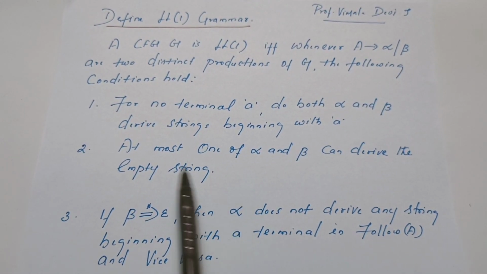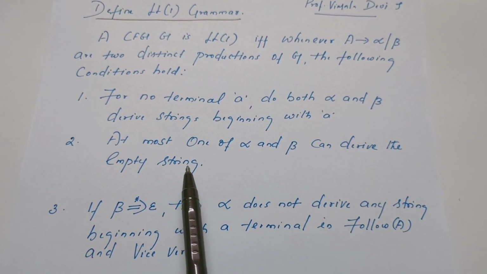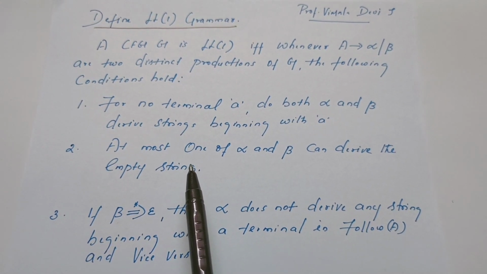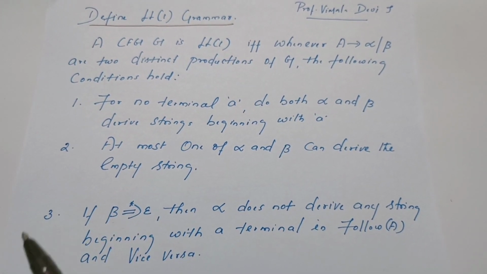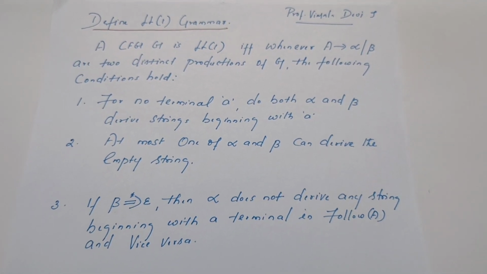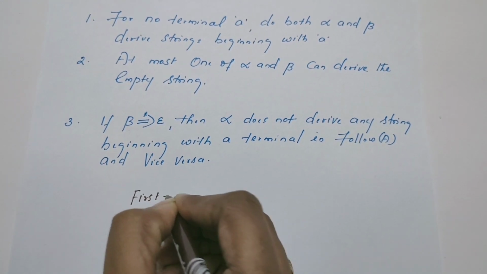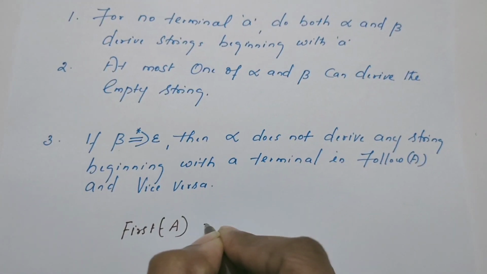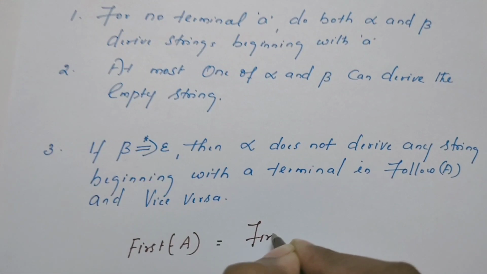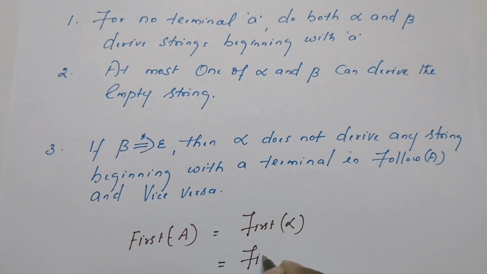What is the second rule? At most, either alpha or beta can derive the empty string. It means alpha and beta cannot both derive epsilon. So from the first and the second rule, I can say like this. First of A we can find by finding first of alpha as well as first of beta.